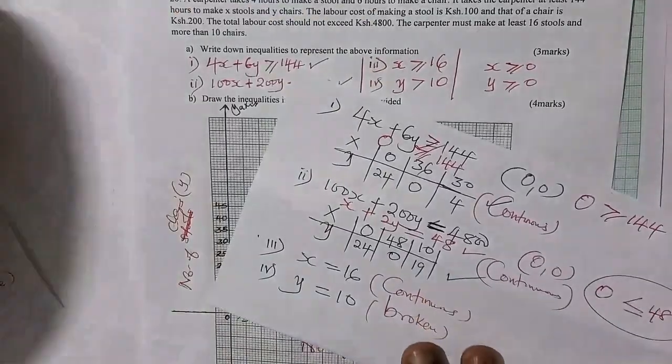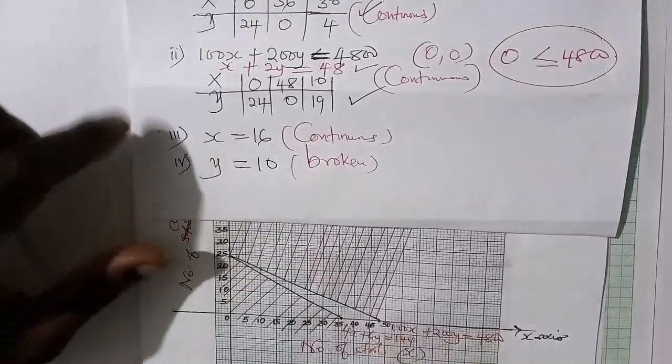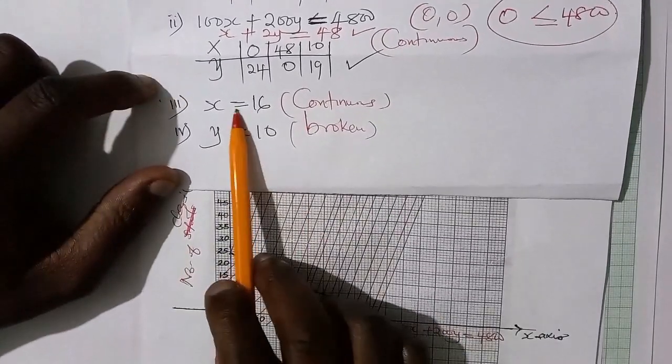Now we go to the other one. The other line is here. x is equal to 16.